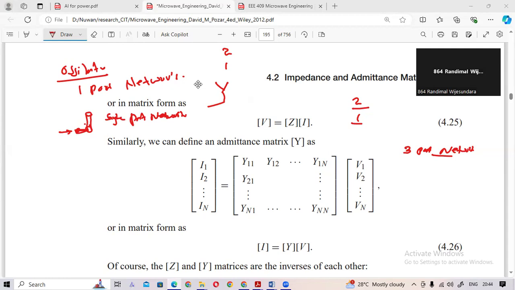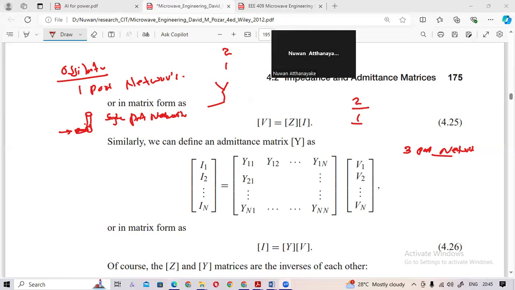What is a three port device? Don't try to identify the port using pins.